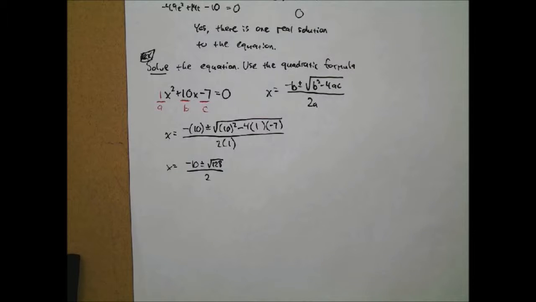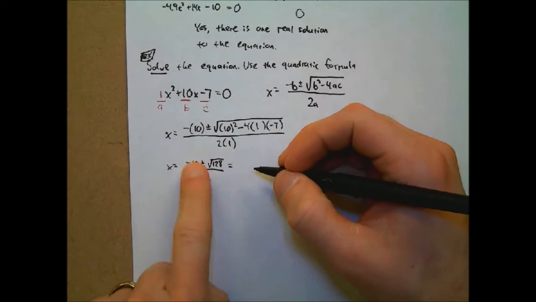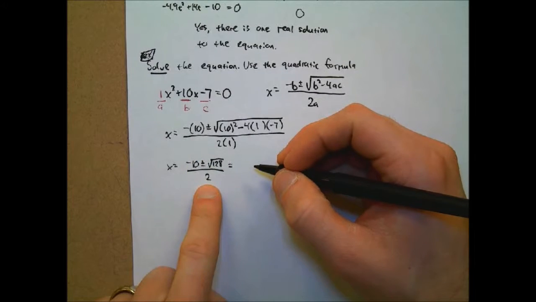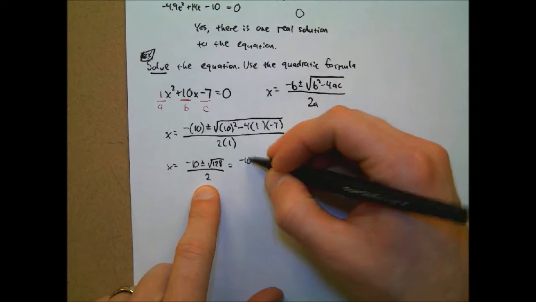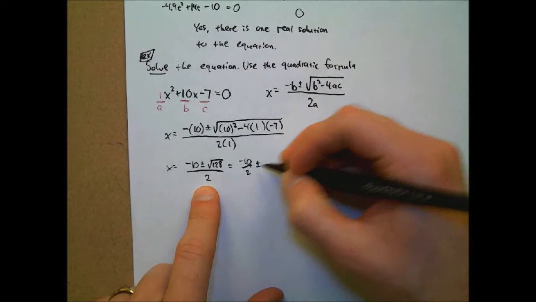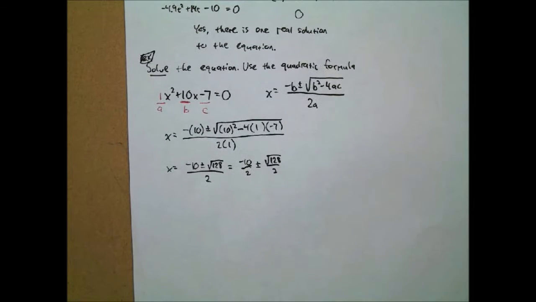Let's simplify it a little bit more. When you divide a sum or a difference by a number, you can break up that difference or sum. So I can make it -10 over 2 plus or minus the square root of 128 over 2. What's the benefit of doing that? Well, what's -10 divided by 2? It's -5.